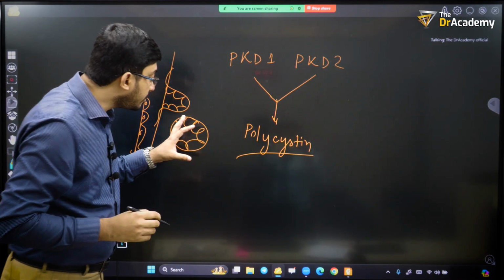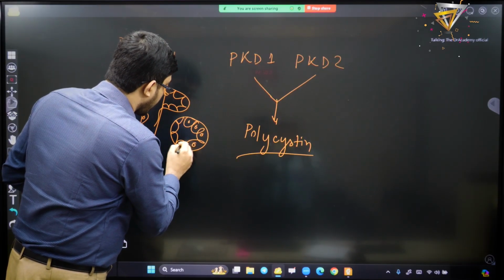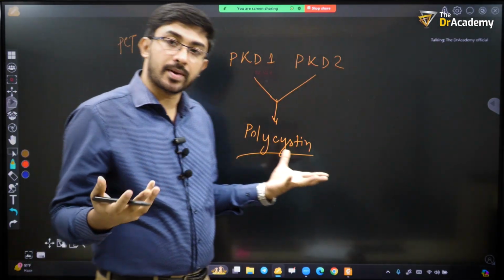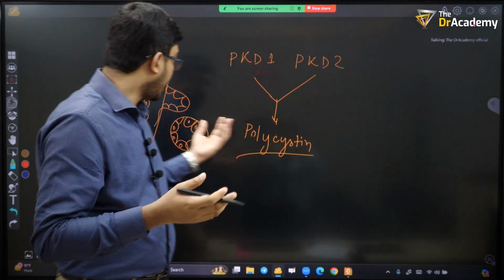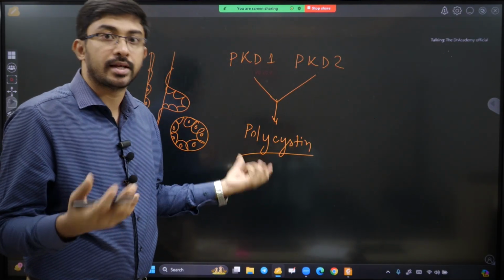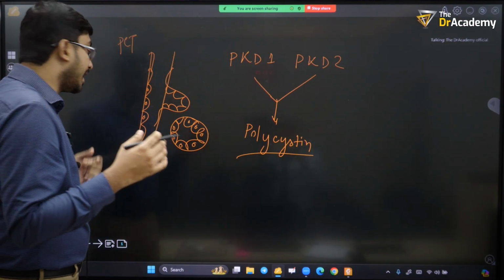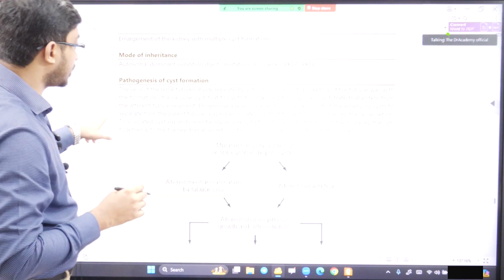And with continuous secretion by those epithelial cells, the cyst become larger, and when a cyst becomes larger, the center undergoes ischemia, and due to gradual enlargement, some cysts undergo necrosis and bleeding occurs, and the kidney gets enlarged in a huge size. So this is basically the pathology.